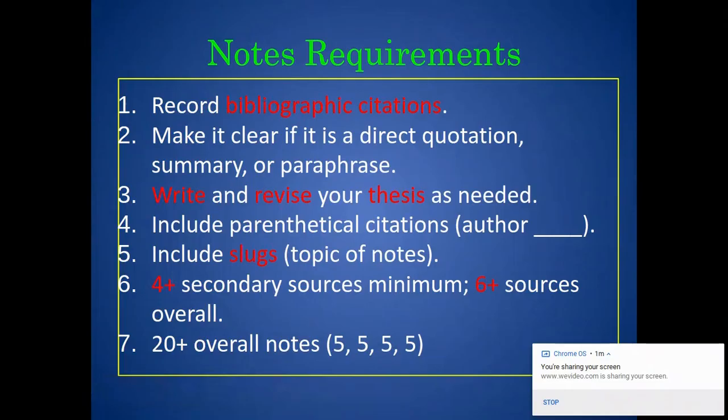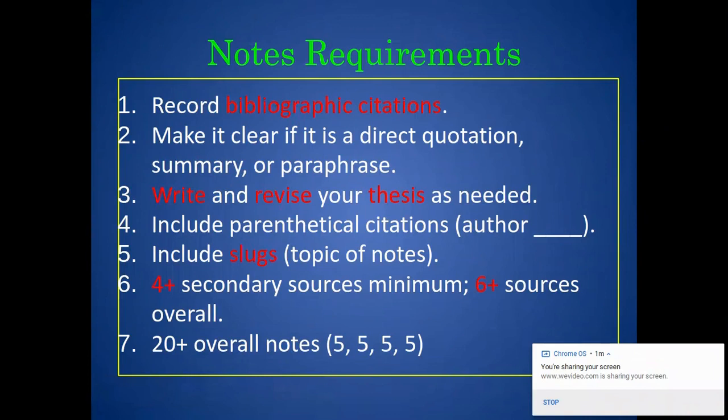So to sum up, we want to make sure that we're recording our bibliographic citations, and for any internet sources that we're using, websites like BibMe or EasyBib to compile those and also copy and paste those into our notes. We always want to make it clear if it's a direct quote and also put quotation marks around it, or if it's a summary or paraphrase.